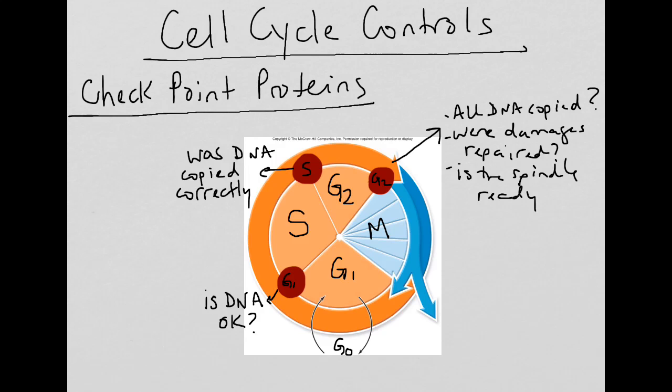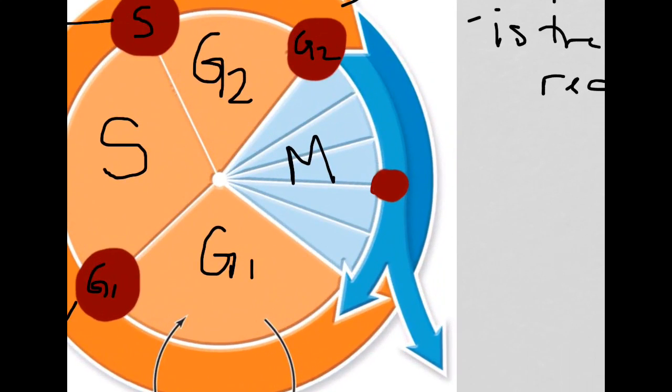And then last, this spot right here, let's make it a little bit bigger. If we were to zoom in on these layers here, we would see, remember, this was prophase, metaphase, anaphase, telophase, and cytokinesis.